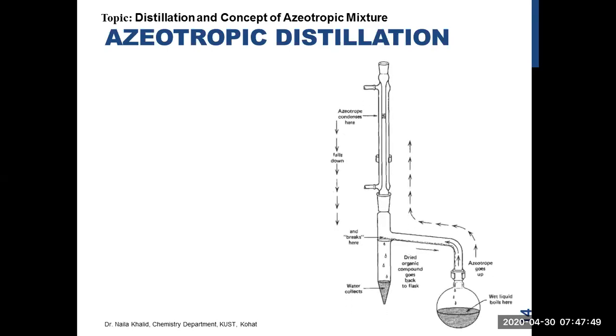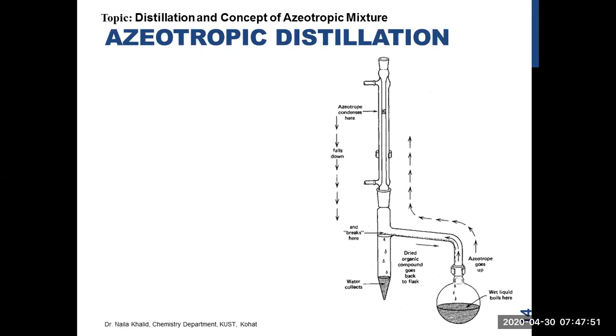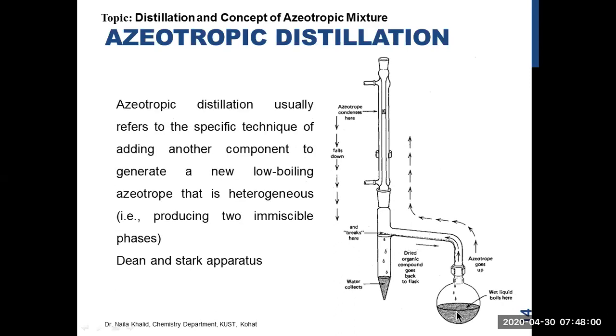This type of distillation is a specially designed technique in which we add a third component to the azeotropic mixture. This third component will alter the boiling point in such a way that it can be separated, right?